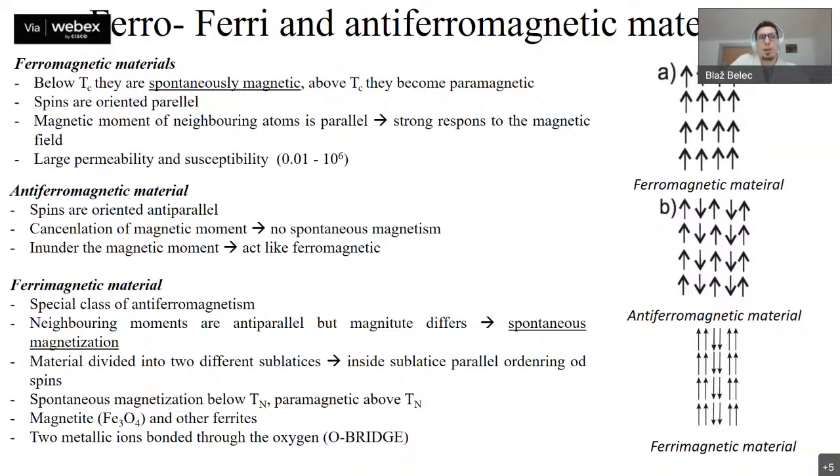So such materials are ferro, ferri, and antiferromagnetic materials. As we can see here, we can represent them by the direction of the spins. So those arrows are spins.